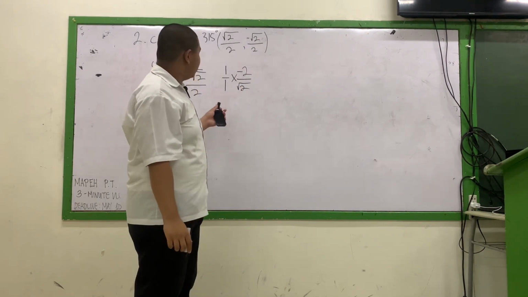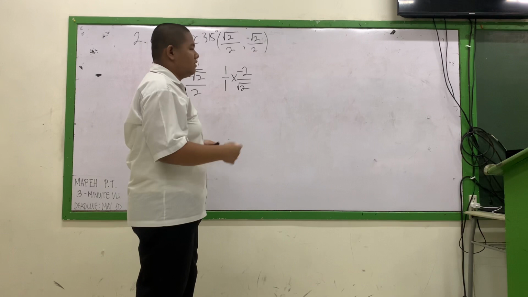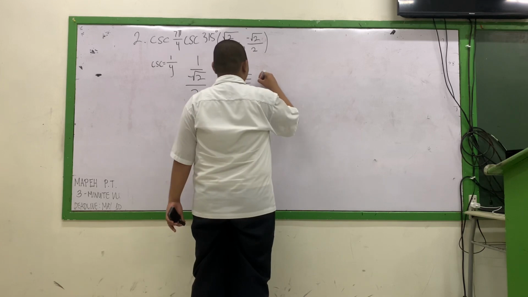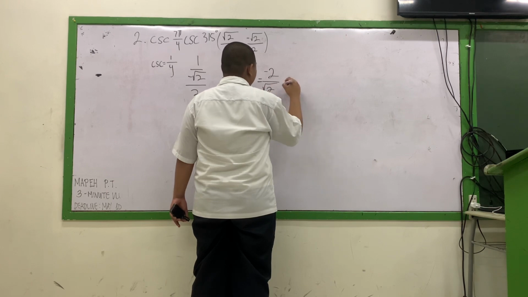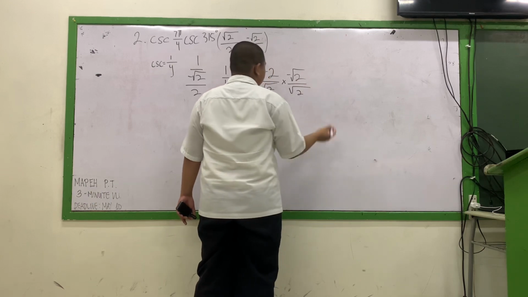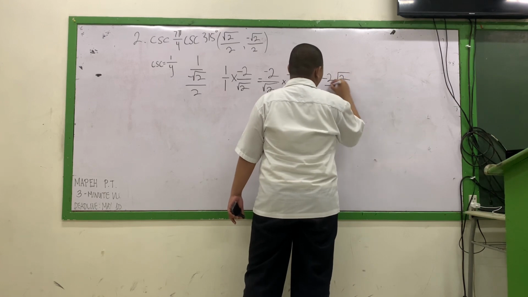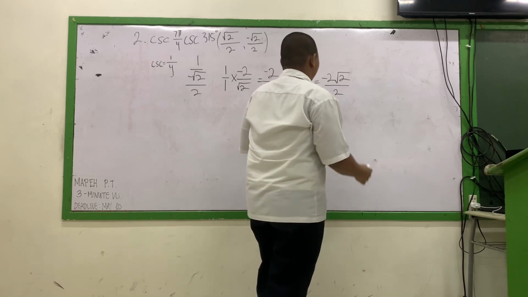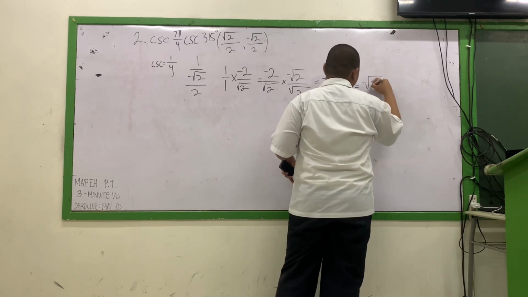And since the denominator has a root, we need to rationalize, and it will end up as negative 2 over square root of 2 times square root of 2 over square root of 2, which is equivalent to negative 2 square root of 2 over 2. And since the denominator is the same as the integer in the numerator, we cancel it out, and we're left with negative square root of 2.